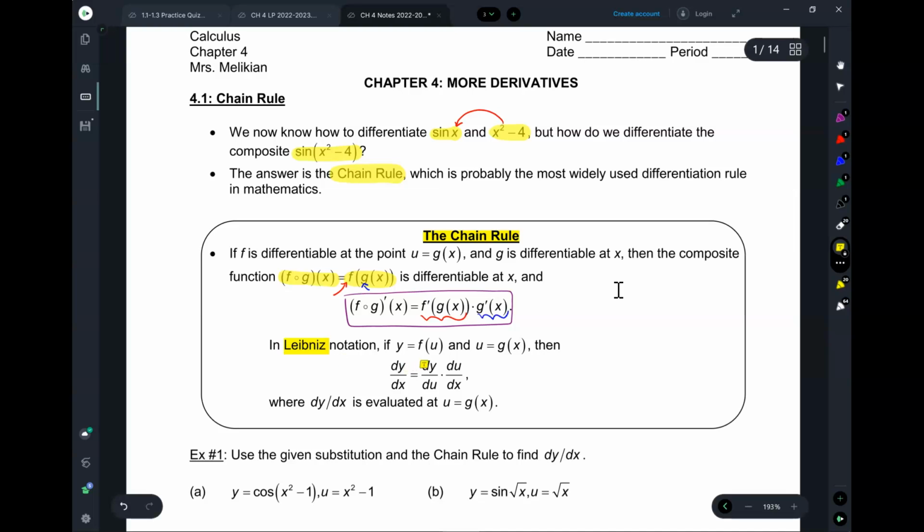He said, suppose y is f of u, again, like f of another function. Then the derivative of y is dy du, so the derivative of the entire function times the derivative of the inside. It's literally the same thing. They said it in different ways.